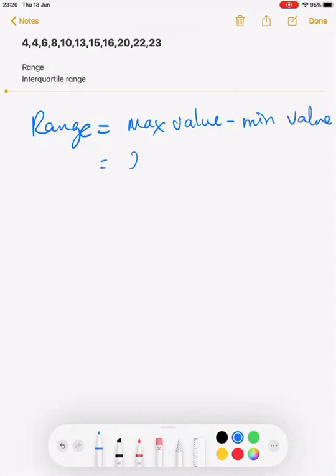So it's 23 minus 4 equals 19. Okay, so next, the interquartile range.